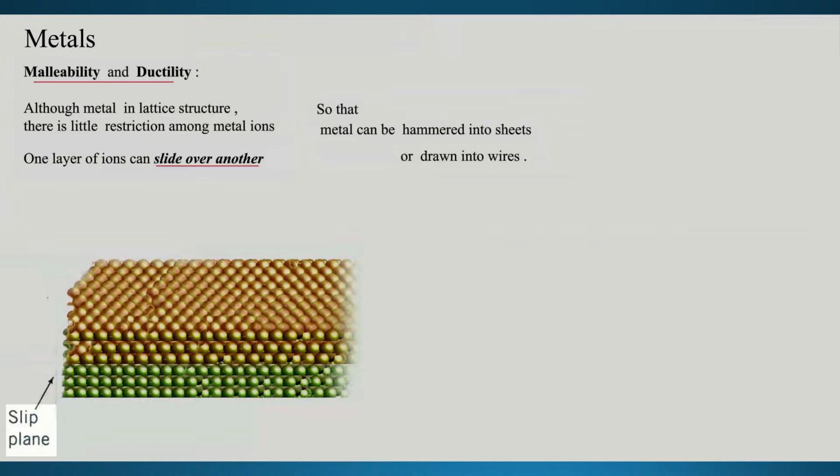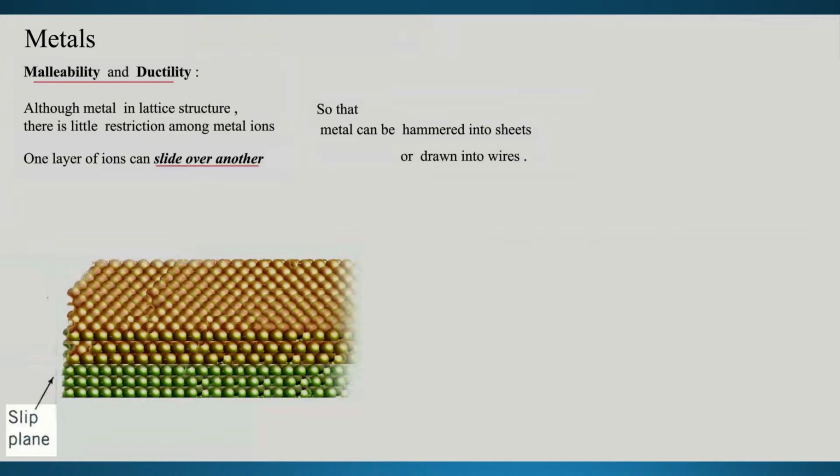You can see at the bottom of the picture, the metal ions are quite well aligned. So you can imagine a box of oranges. They are in quite a nice alignment.